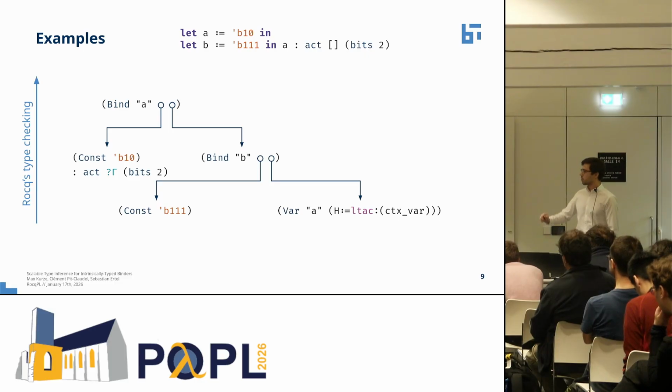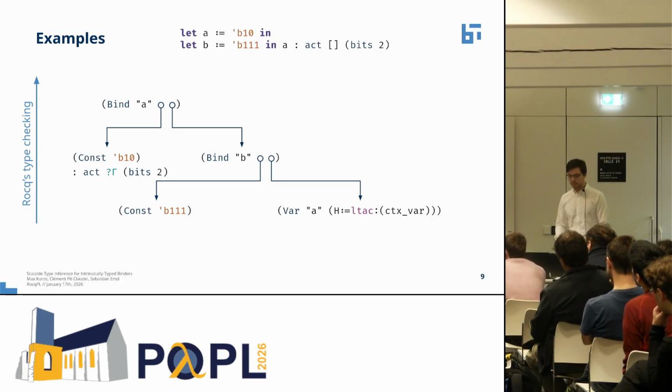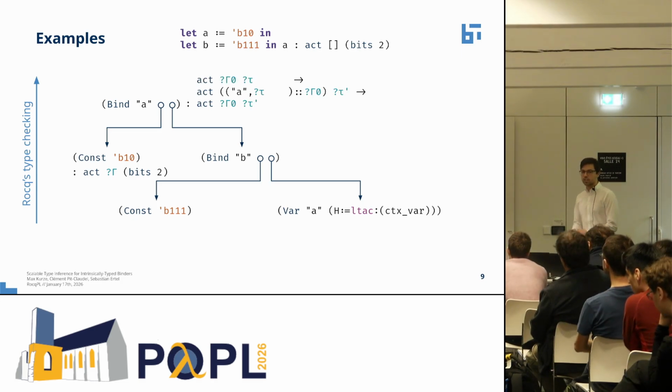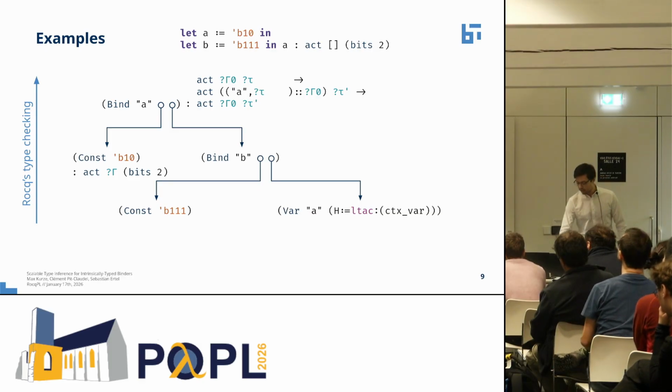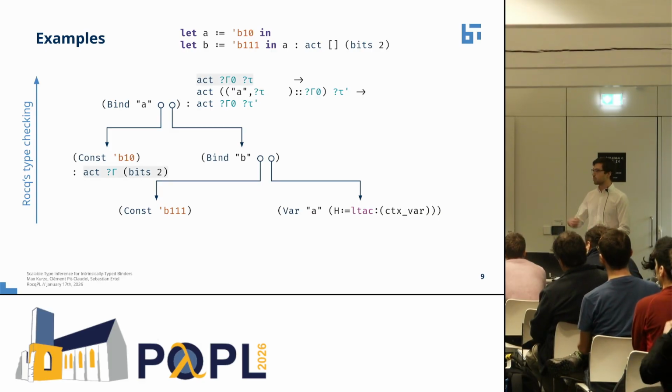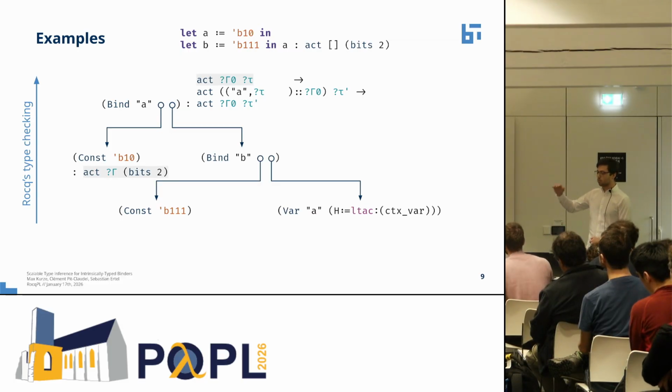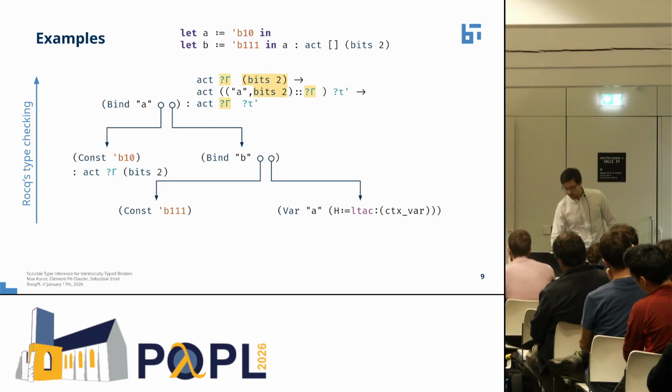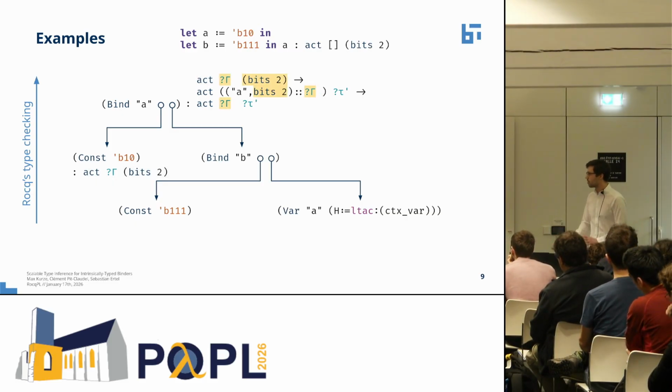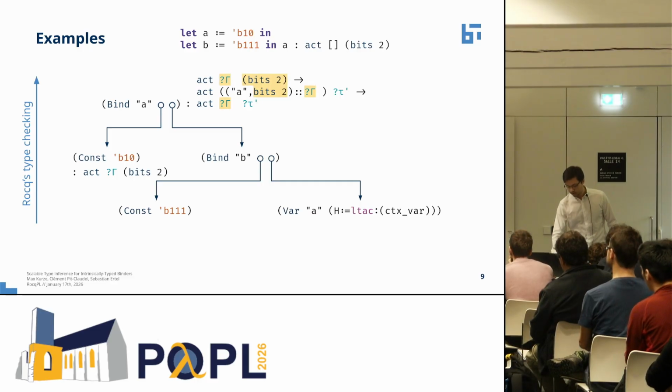So in this case, for the constant, it will figure out that it has no knowledge whatsoever about the variable context, but it knows that the return type here is bit vector of length 2. And only after that, Rocq will check if the type that it inferred matches the type that it was expecting one level higher, the argument of the bind here. In this case, they just unify, everything works out, and Rocq can continue.